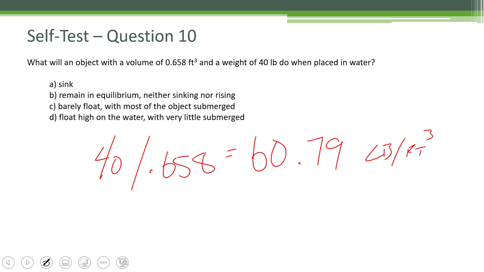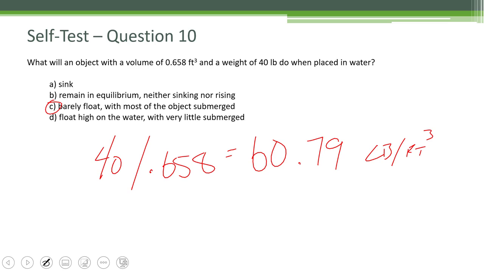Remember, what was water? Water was 62.4. So it's less dense than water, which means it's going to float. But it's not a whole lot less, so it'll barely float with most of the object submerged. It would be C. We can take this question one step further and figure out its relative density.